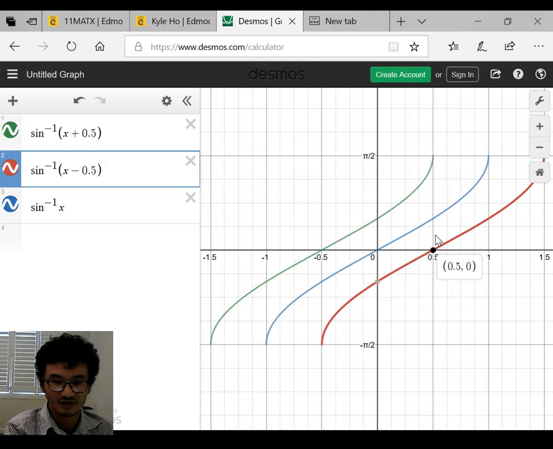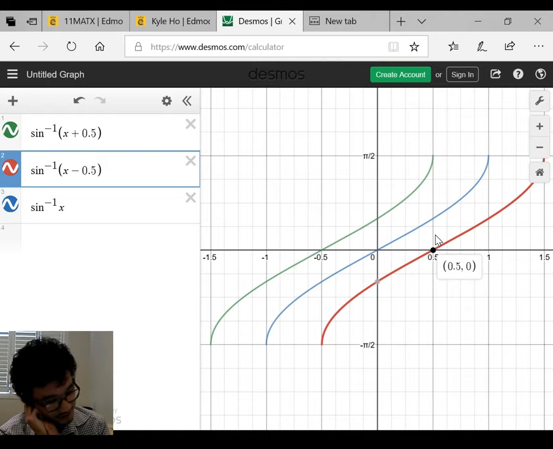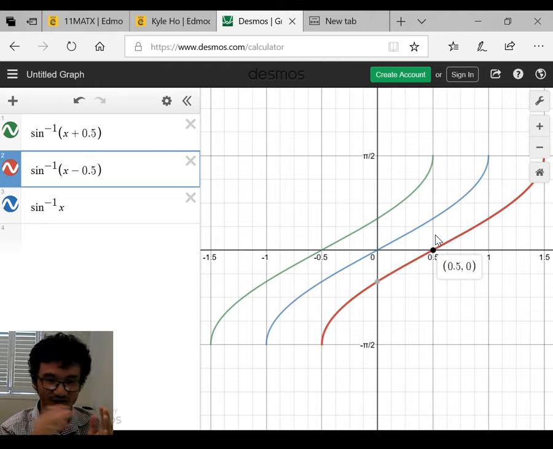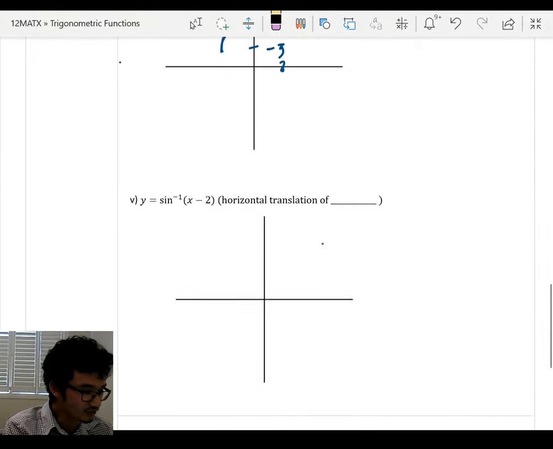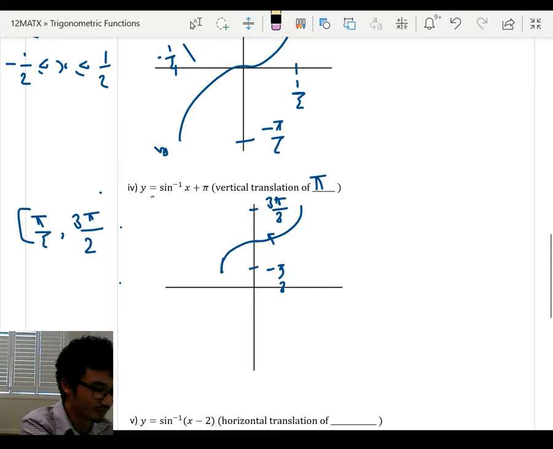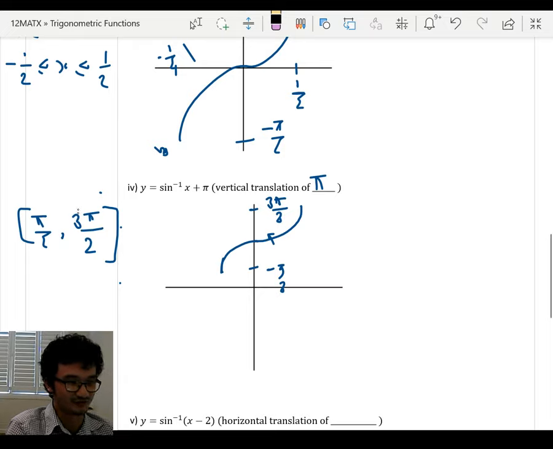Here's what I've been reflecting on lately. I don't know whether it's better to think about shifting or using the inequality. I think it would depend on the question. If I go back to the questions, with this one here, it's very easy to just think about shifting up pi units, so you just add that to the range. You don't have to set up the inequality.